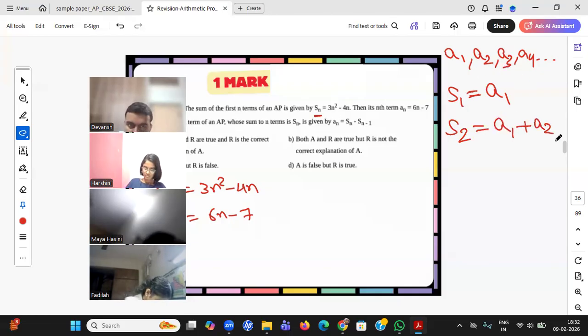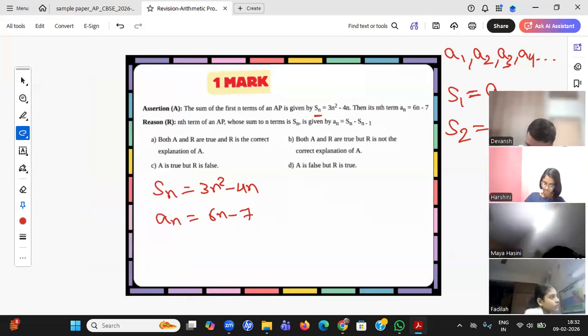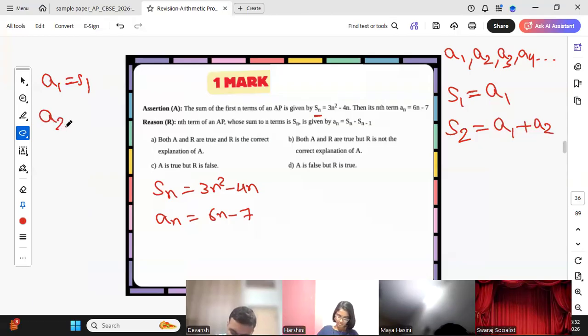Now, if anybody asks me A1, I'll say S1 by looking at this statement. If anybody asks me what is A2, what can I write according to S1, S2, Mega? Very good.